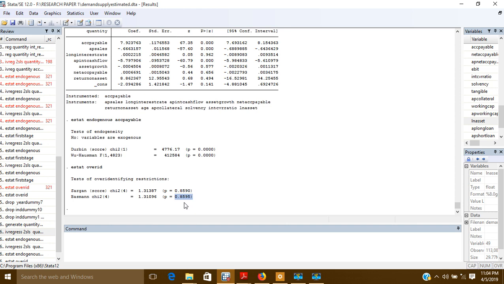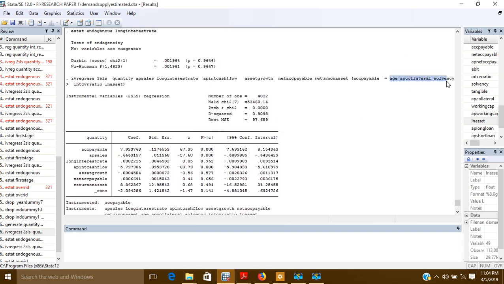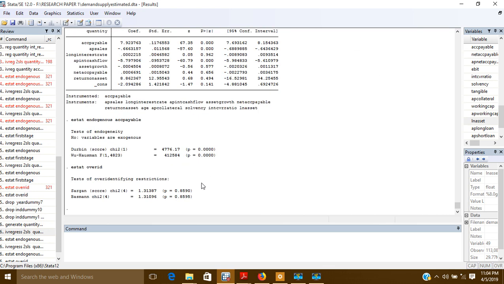Now here you can see that nothing is significant. Both of the values are insignificant. It means that the instrumental variables which we have used for our endogenous variable are good, valid instrumental variables, and our structural model is specified correctly.